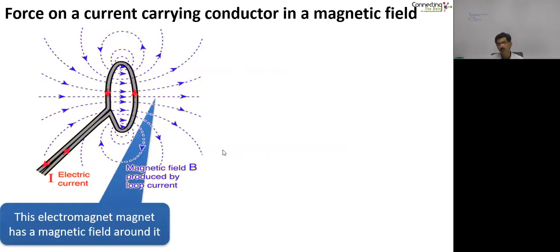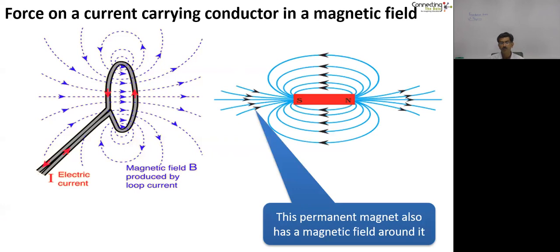But for all practical purposes, it is a magnet. What would happen if we bring this electromagnet with a magnetic field around it near a permanent magnet, which also has a magnetic field around it? This also was answered by a demonstration that I did for you in the previous class.